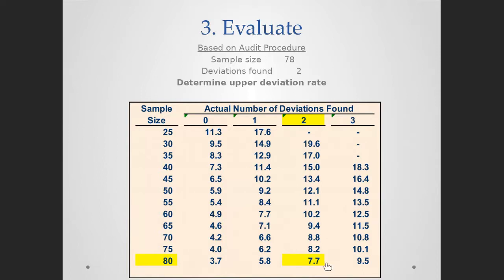And this is 7.7, which is the upper deviation rate. So why is it 2 divided by 78? 2 deviations found out of 78, that's why. If you find 2 deviations out of 78, then what is the percentage? This is basic mathematics. You calculate and you find your percentage of deviation is 2.6. Is that clear?